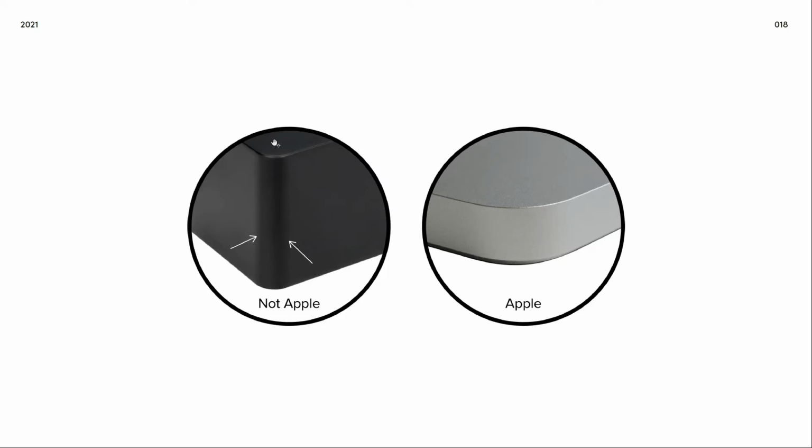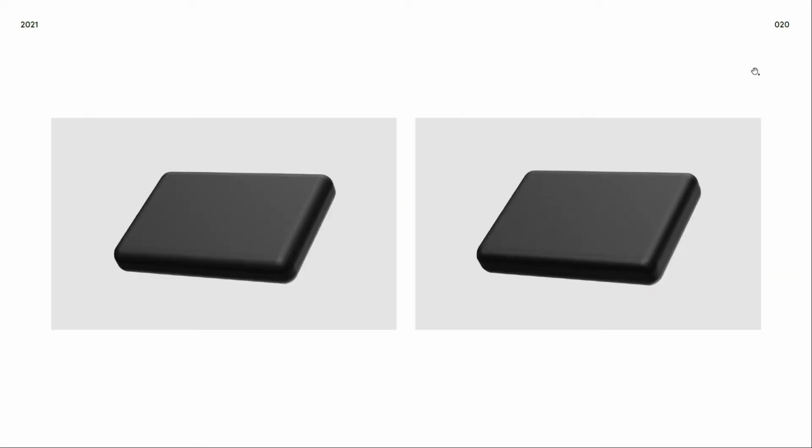So, for example, I used a circular fillet for this basic plastic rectangle that I made, and then a curvature continuous fillet here on the right. And if you look here in this corner, the way that fillet blends between the two faces is much smoother here than it is here.